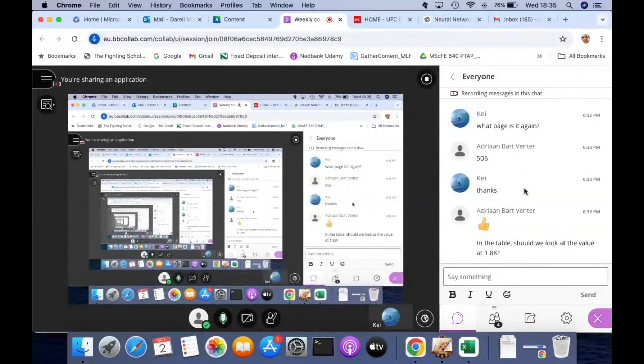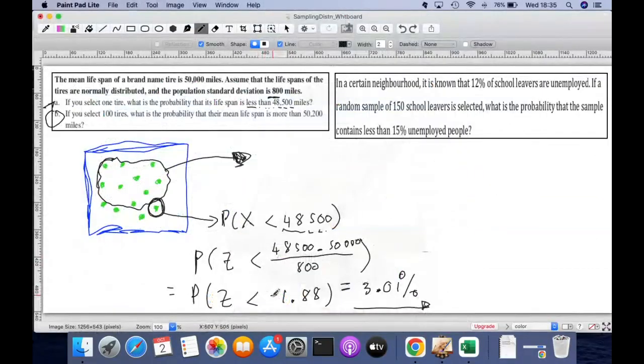In the table, should we look at the value? Yes, Arjan. So remember, in the table, you don't have the minus values. You only have positive Z values. You have to use the property of symmetry to get the value.